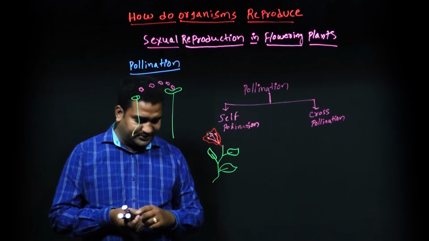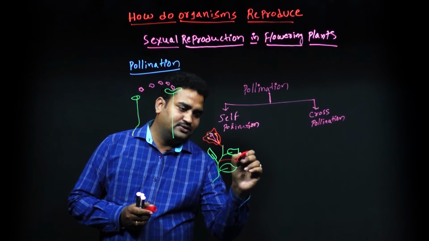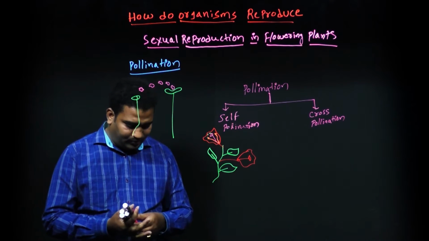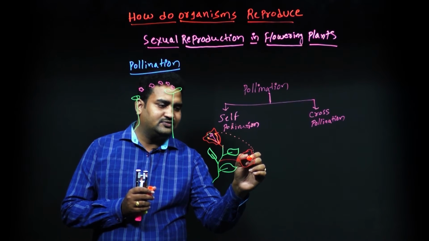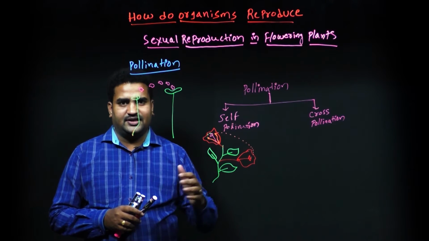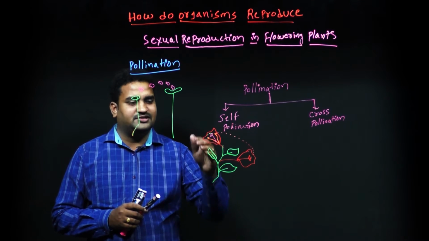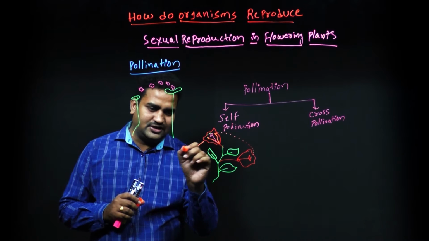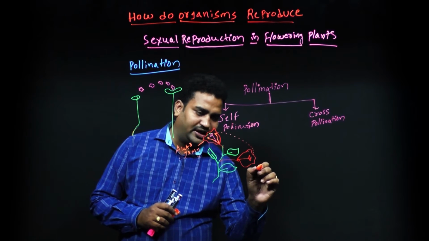If the pollination occurs between two flowers of the same plant, for example, this is another flower of the plant, so if the pollen grains from this flower fall on this flower, this kind of self-pollination is known as geitonogamy. If the pollen grains from the same flower fall on the same stigma, then it is known as autogamy. So this is autogamy and this kind of transfer is geitonogamy.